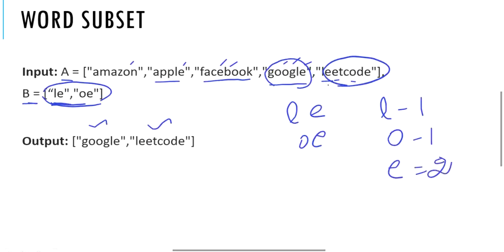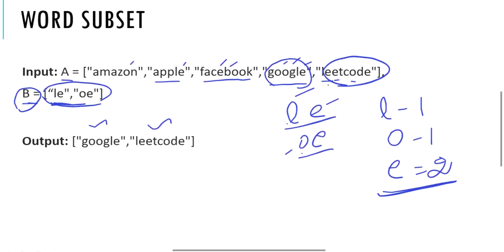But it doesn't have to have two E's in every word, because LE is one single word and OE is another single word. So it should have one L, one E and one O overall.